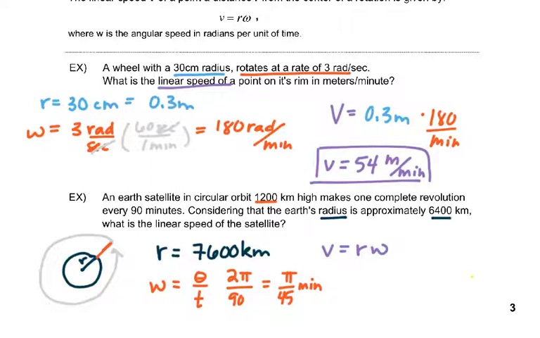So v is just going to be the product of these two values, 7,600 times pi over 45. And if we simplify that, we're going to get v equals 531. Thinking about the units, that is kilometers per, this was radians over minutes, so we've got kilometers per minute.